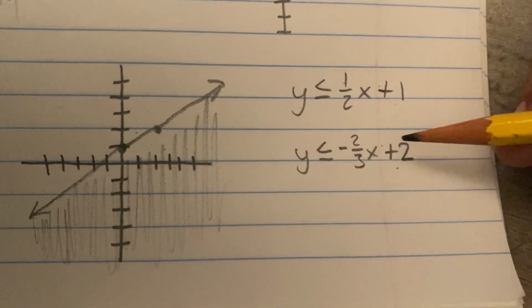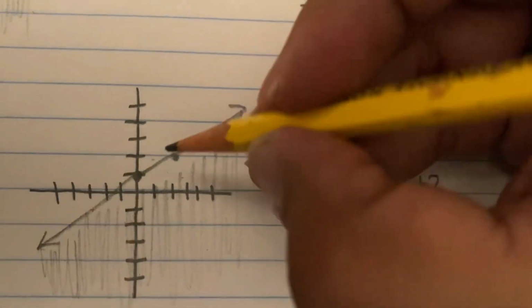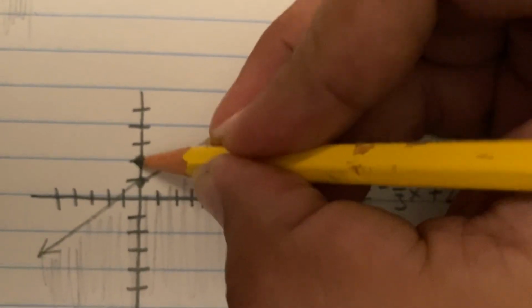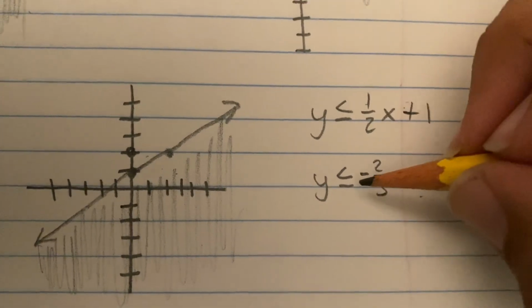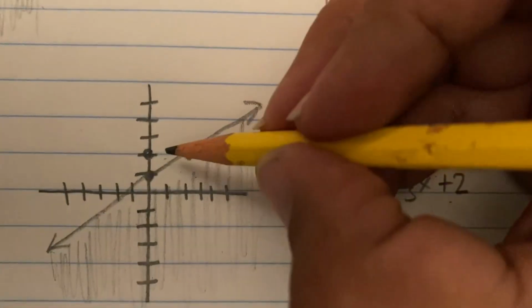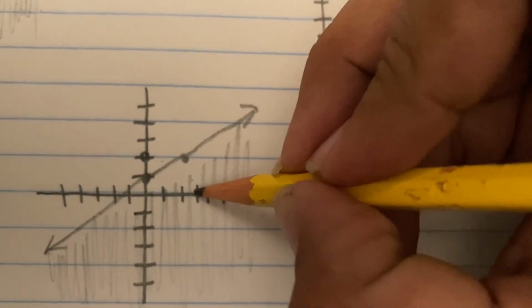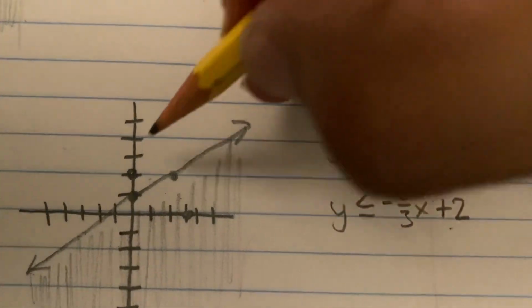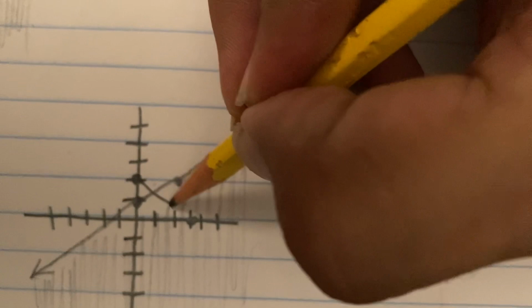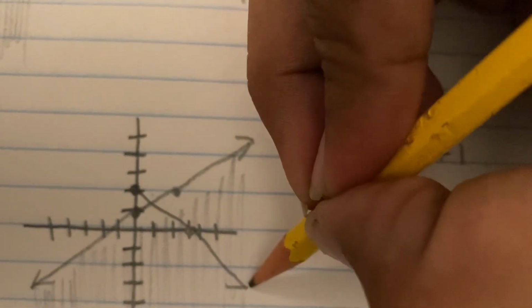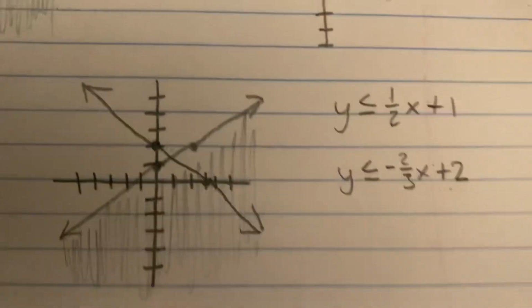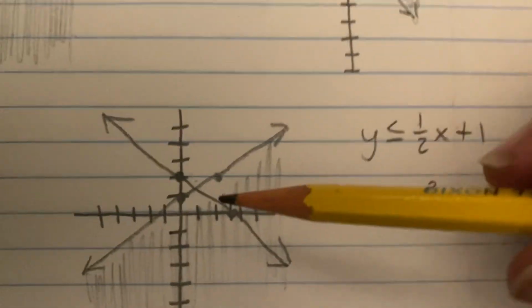This next one starts on 2, so here's our first dot for that one, and then it goes negative 2 over 3, so it goes down 2 over 3, ending up right here. Now I'm going to connect those lines. This is also a solid line, horribly made by me. I'm not a robot. Okay, all the answers are less than that one.